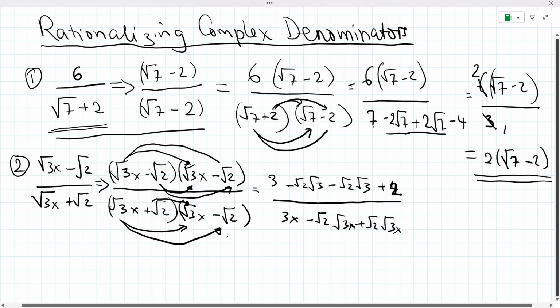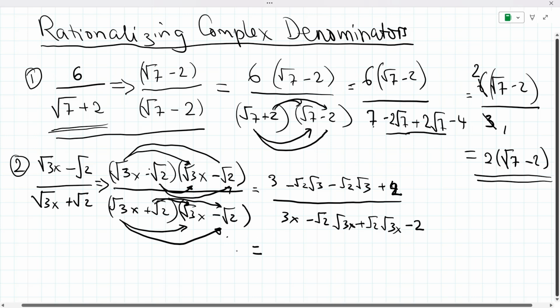Actually, this should be x. And finally, root 2 multiplied by negative root 2 will give us minus 2. Okay, so we can now move on to simplify what we have here.